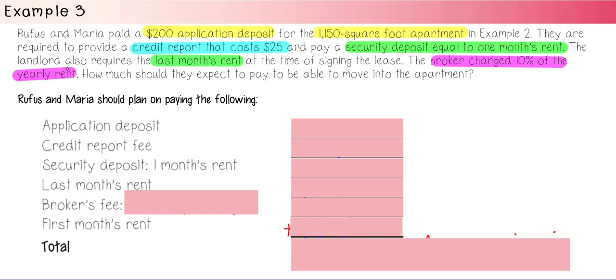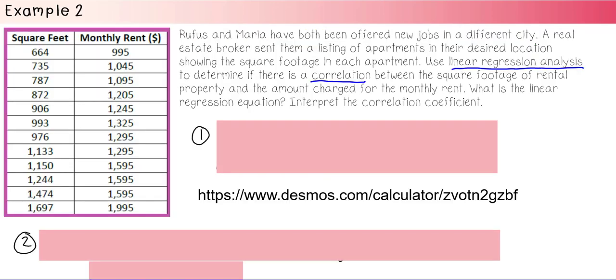How much should they expect to pay to be able to move into the apartment? So we need to go back to example 2 and look how much is a 1,150 square foot apartment. So if we go back, a 1,150 square foot apartment is this one right here.